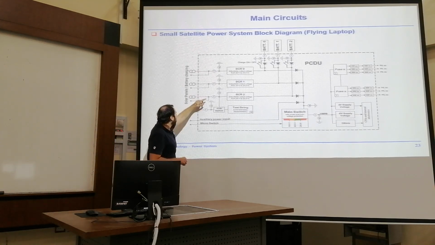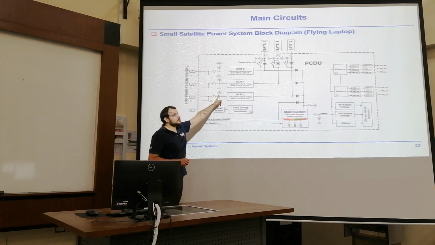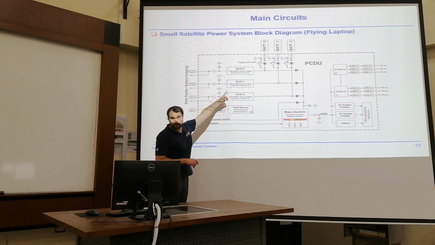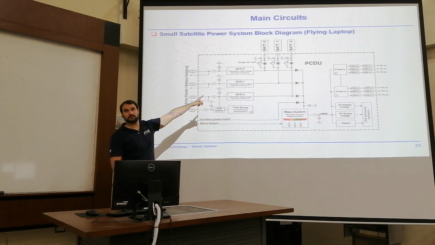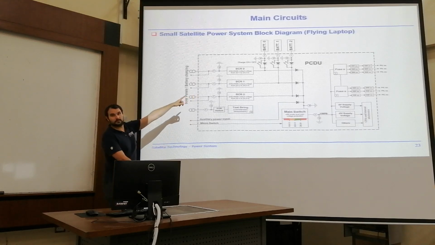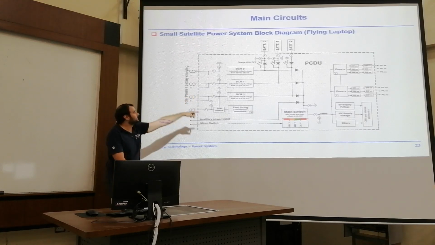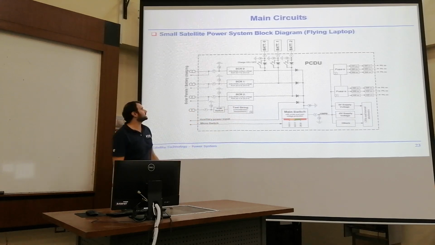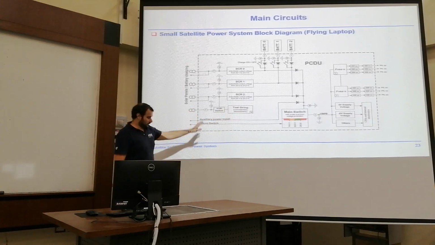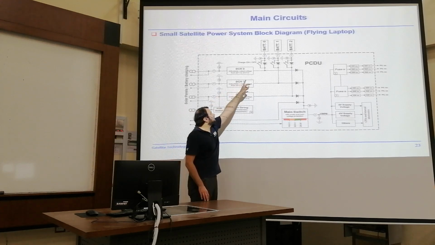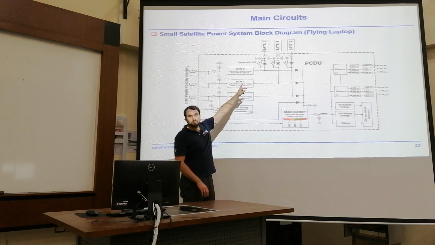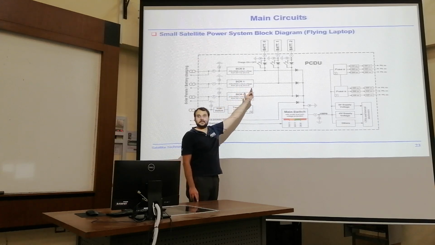For every solar panel, we measure the current and we measure the voltage for telemetry purposes, and that goes into our BCR units. And here we can adjust our output voltage. Moreover, with the batteries, we can decide if we want to charge or discharge the battery.